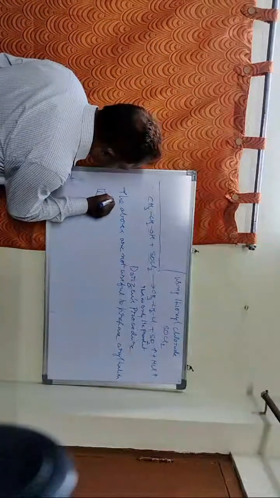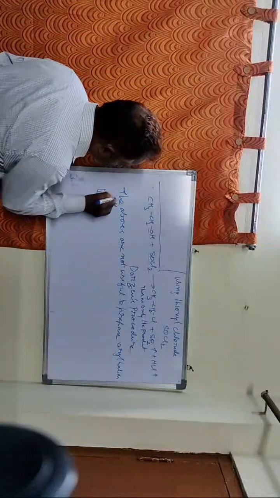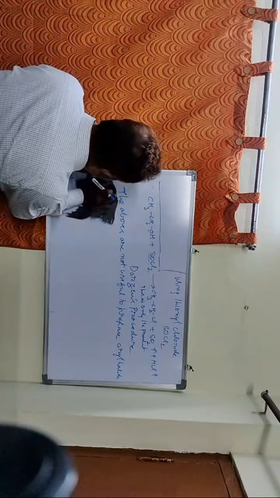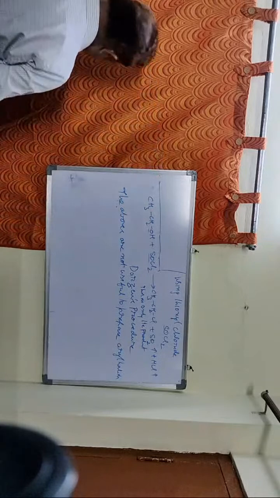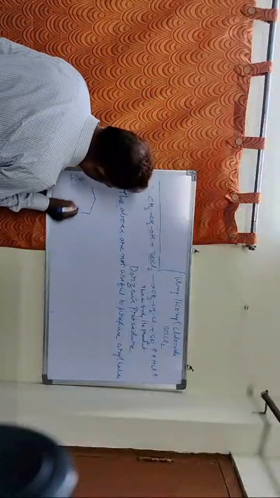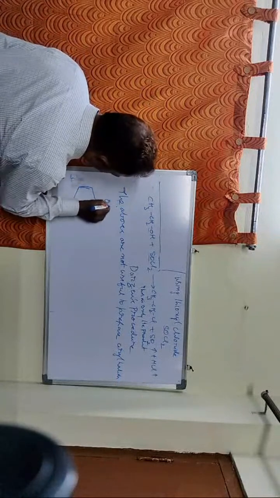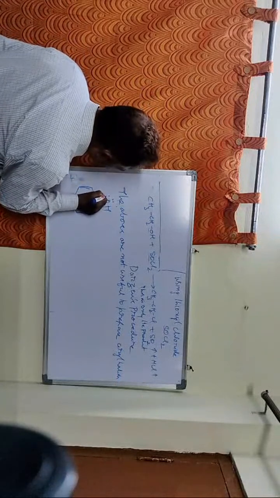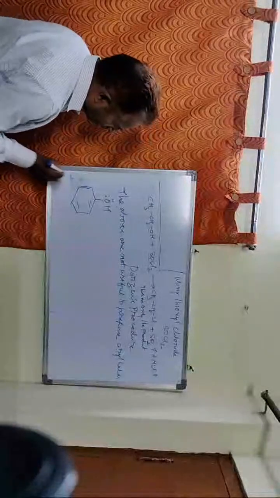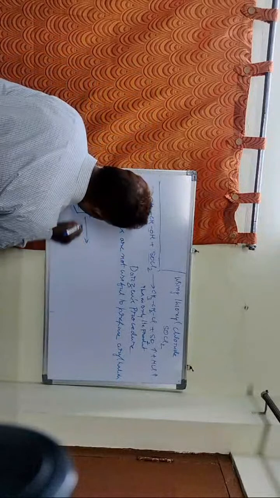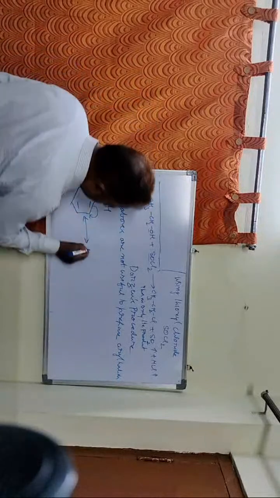So here this is OH. I shall write a bigger one. Here this is OH, lone pairs are here. So in phenol, one of the lone pairs shifts here, and of course this bond shifts here. Therefore, the bond shifting takes place in this manner.